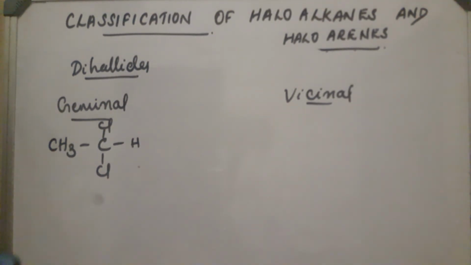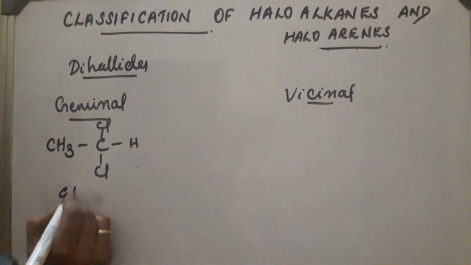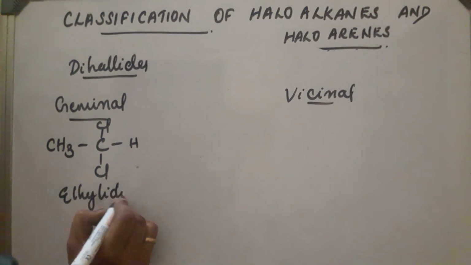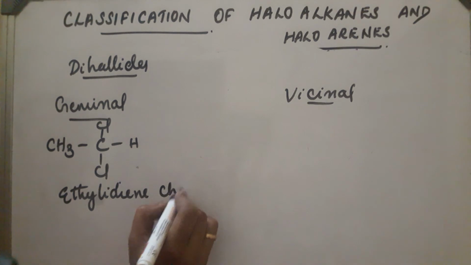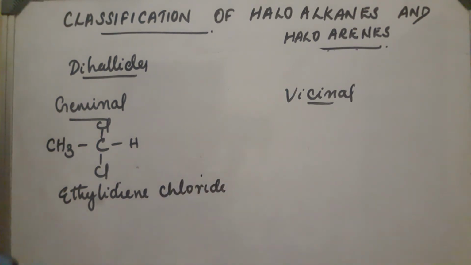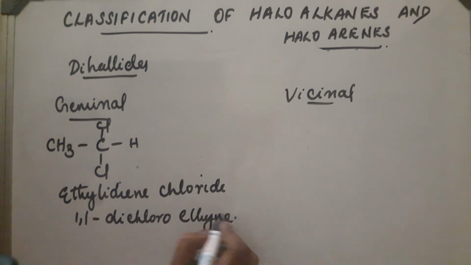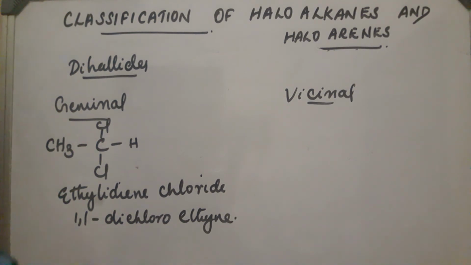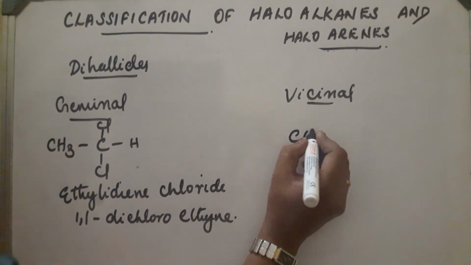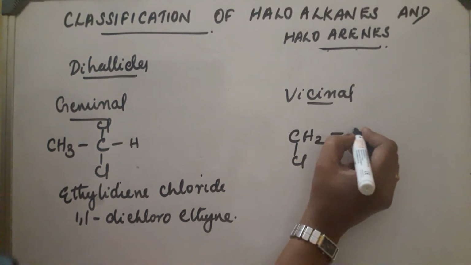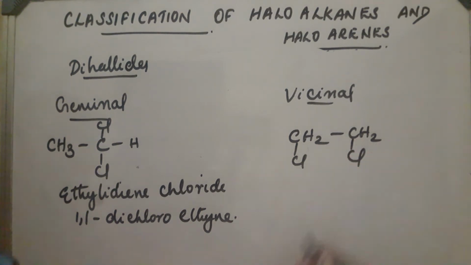The common name of this compound is ethylidene chloride, and the IUPAC name is 1,1-dichloroethane. Like this, the naming must be done. Next, vicinal: two halogen atoms are present on adjacent carbon atoms. CH2Cl-CH2Cl.